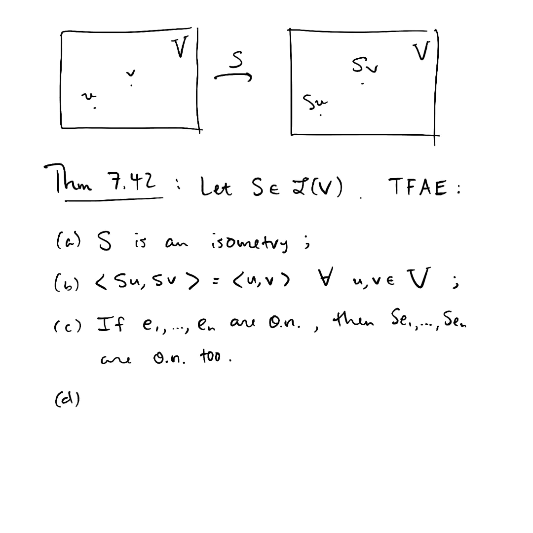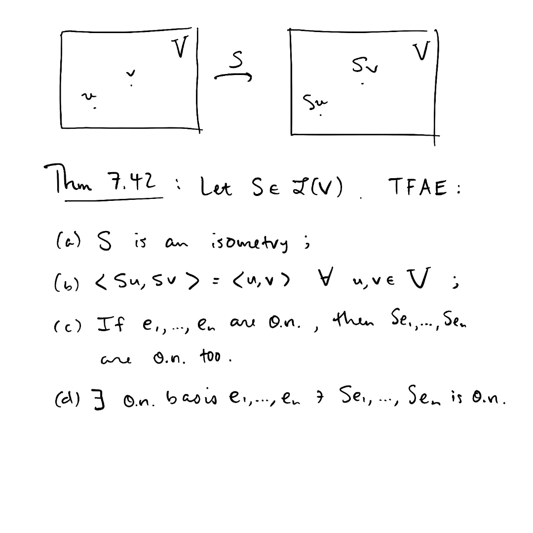All right, thing D. There exists an ON basis, e1 through en, such that Se1 through Sen is orthonormal.